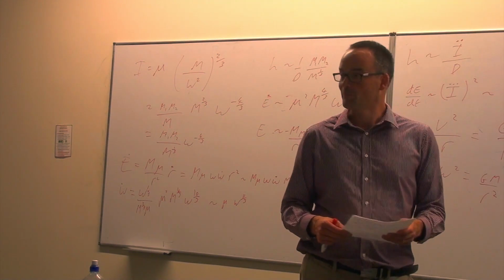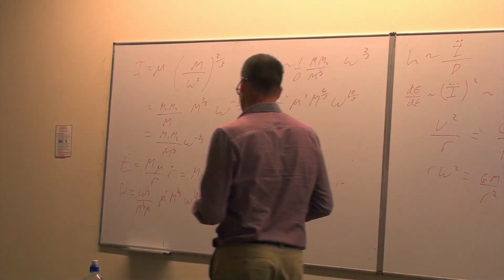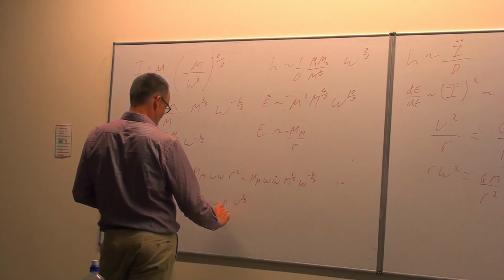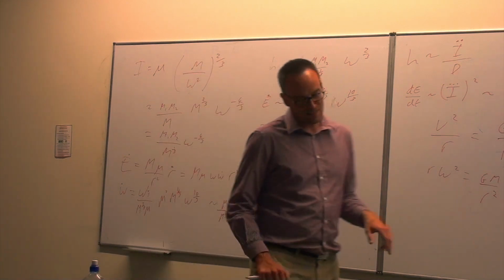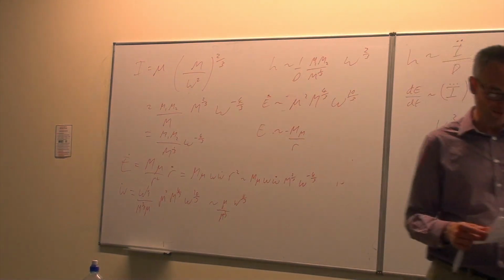You're fine. You're fine. So I thought I've now got mu over m to the 1/3, which is slightly different. I should have mu m to the 2/3.